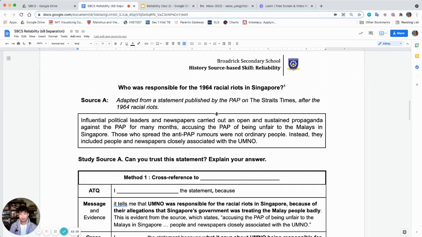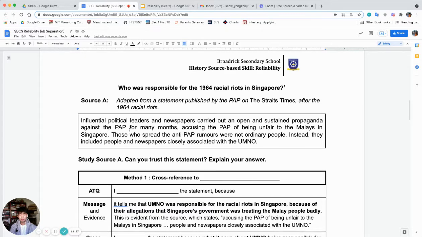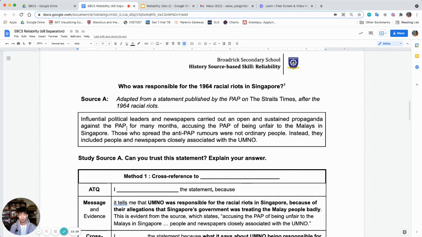Let's look at this. Who was responsible for the 1964 race riots? So this is a statement by the PAP in the Straits Times. And notice that the source is telling you, read the source.